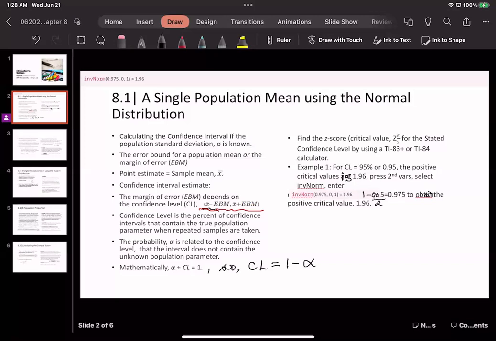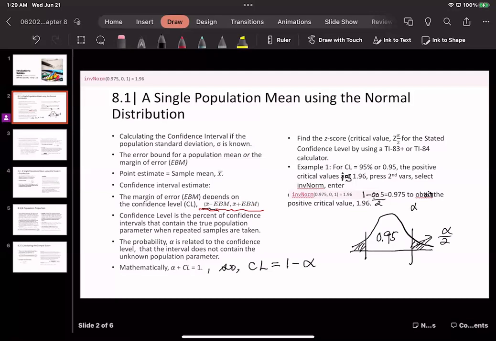I'm going to draw a graph here to show you why it's 0.975. Assume this is a normal distribution. The CL is the area in the middle, 0.95. So the area of each tail is alpha divided by 2.